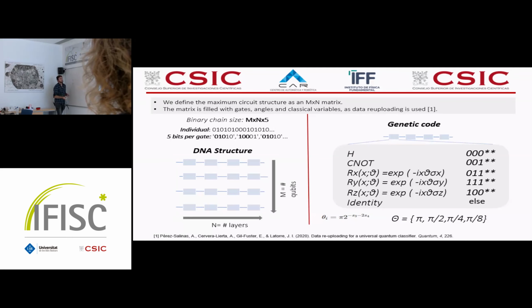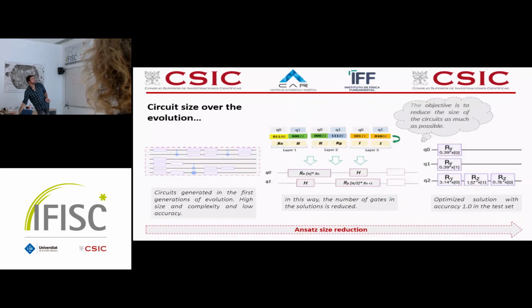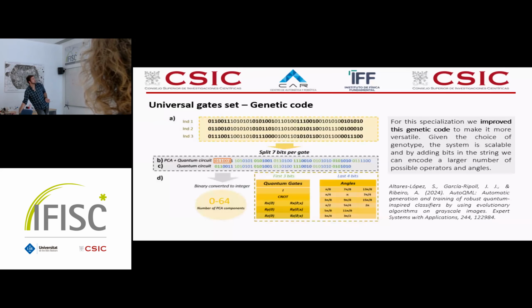But in the second approach, when we were implementing the universal gate set, we can also have fixed rotations for each axis. So it's straightforward for the variables, but it depends on the genotype that it's getting.